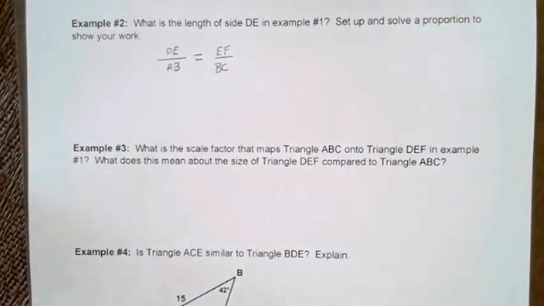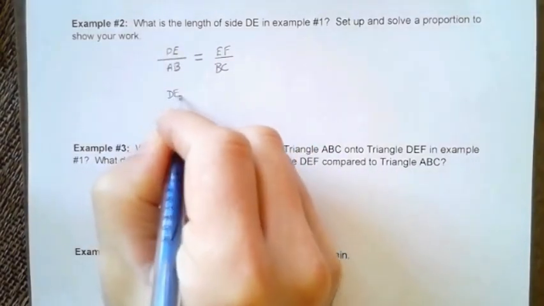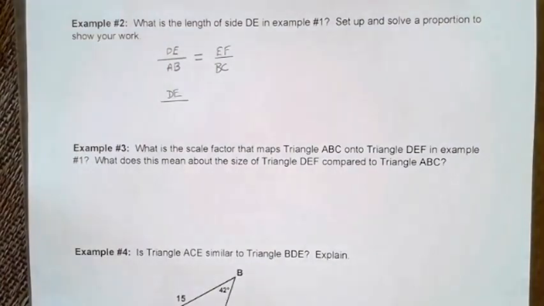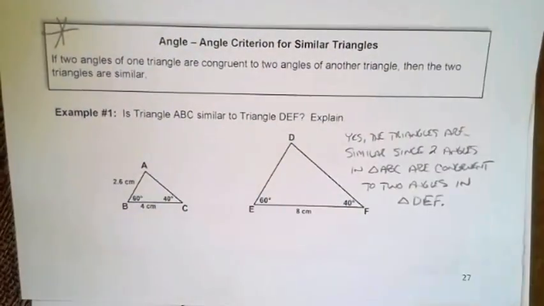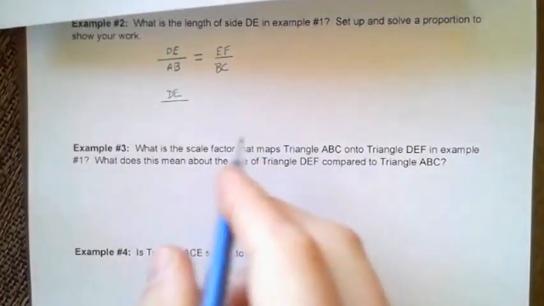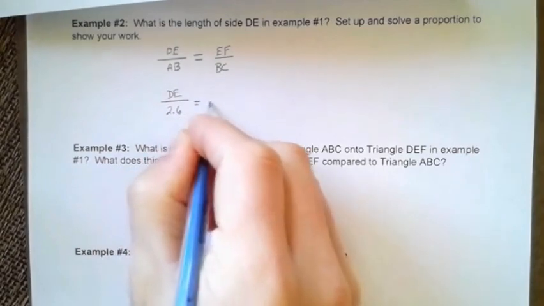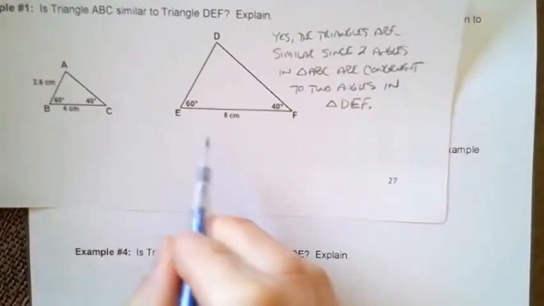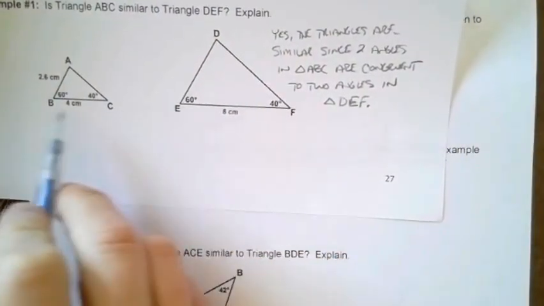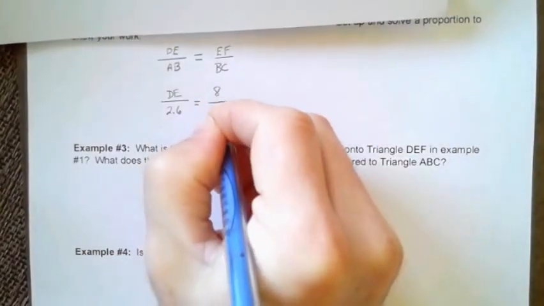I'm looking for the measurement of side DE, so I'm going to keep DE there. DE again corresponded to AB. AB in my picture right here is 2 6/10 centimeters. So I'm going to have DE over 2 6/10 equals EF, which measures 8 centimeters, over BC, which is 4 centimeters. 8 over 4.